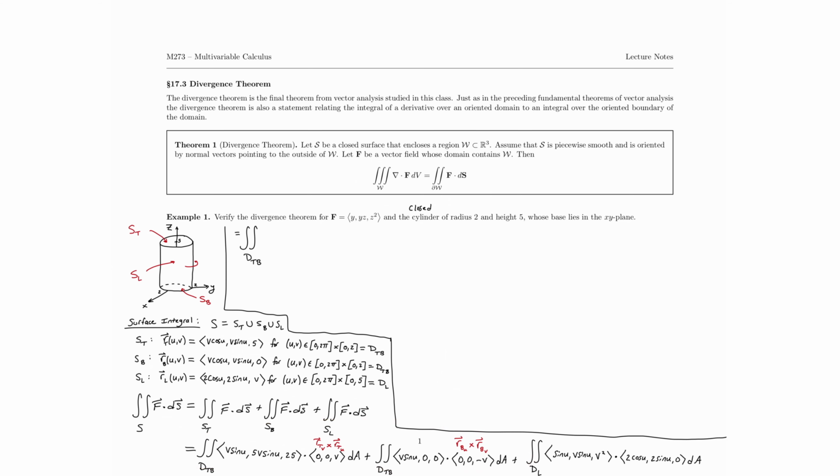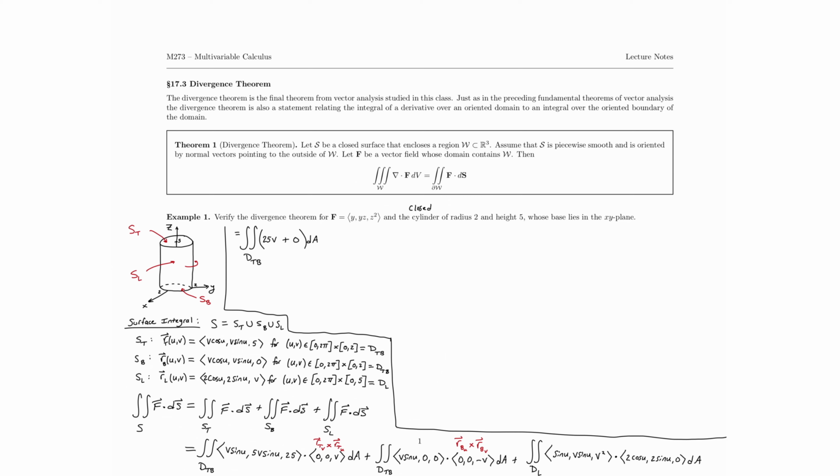So we'll have the double integral over D_TB. When we do our dot product here, we should just have 25v, that's nice, plus 0 dA.